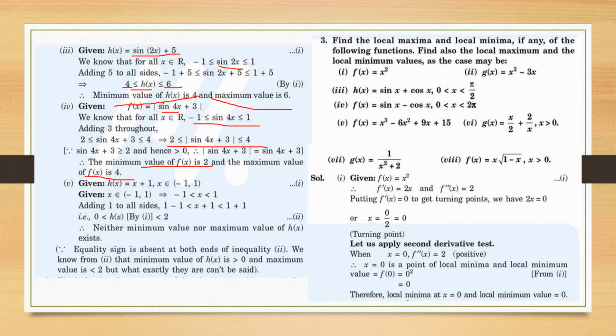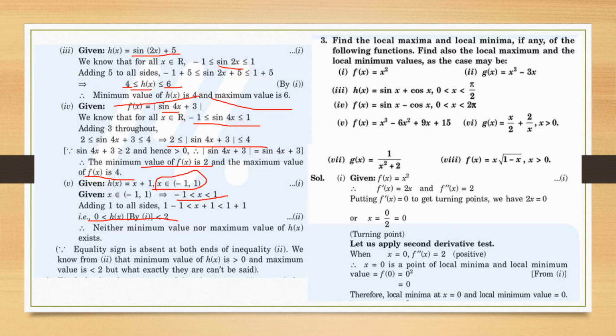For the last one, h(x) is equal to x plus 1, where x belongs to -1 to 1. So x lies between -1 and 1, but my function is x plus 1, so I'll add 1 throughout. So h(x) lies between 0 and 2. Here we are talking about the open interval, so h(x) is greater than 0 and less than 2.